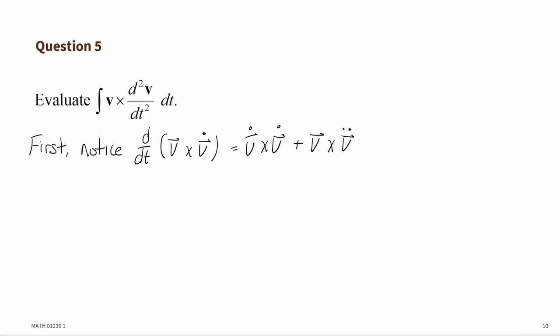Right, that is v dot cross v dot plus v cross v double dot.